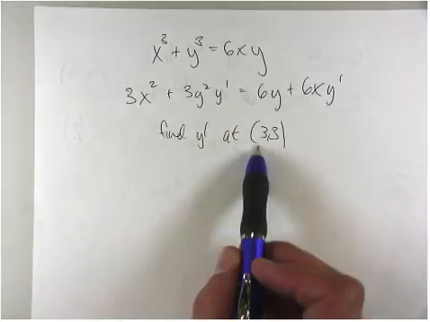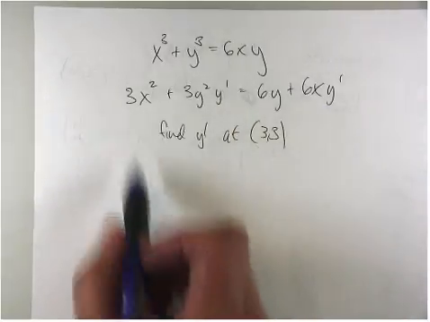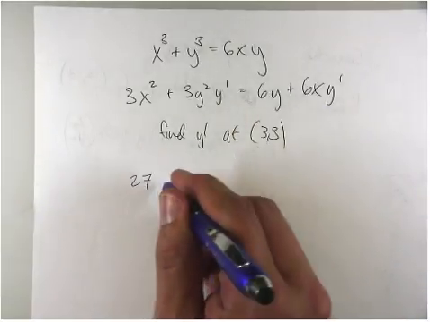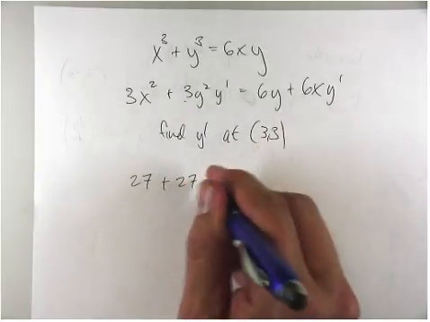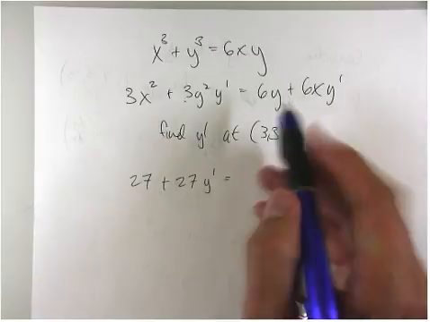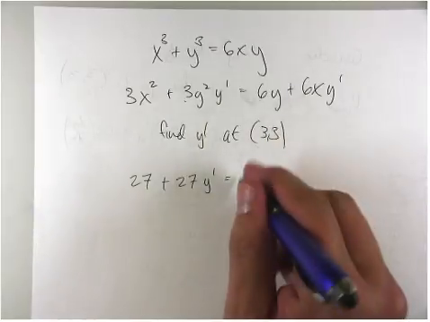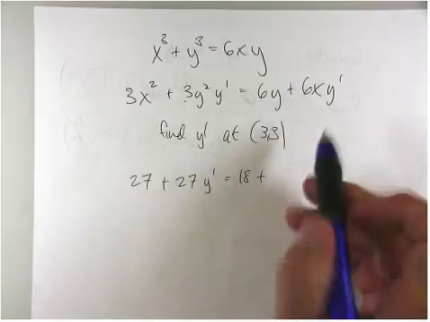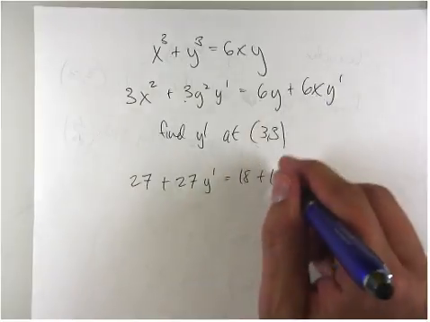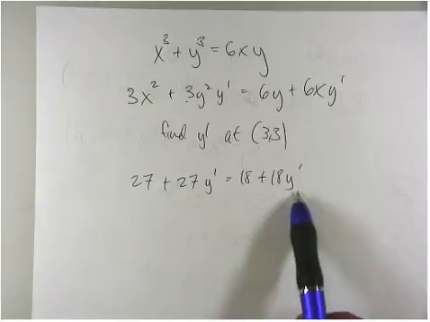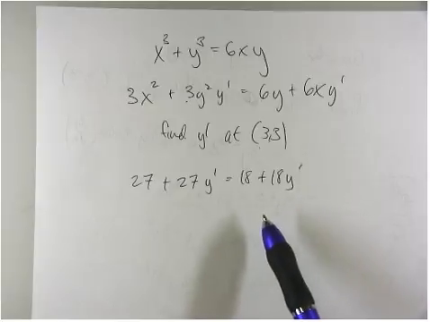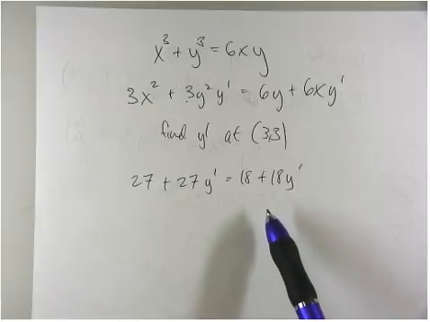So I know that x is 3 and y is 3, so this is really just 27 plus 3 times 9 is 27, y prime equals 6 times 3 is 18, plus 6 times 3 is 18, 18 y prime. And now I have an equation that's all numbers and y primes instead of too many variables.